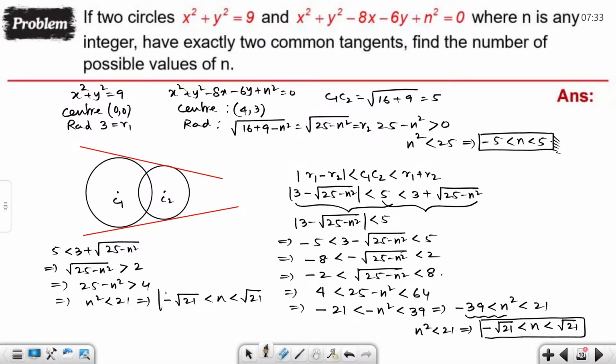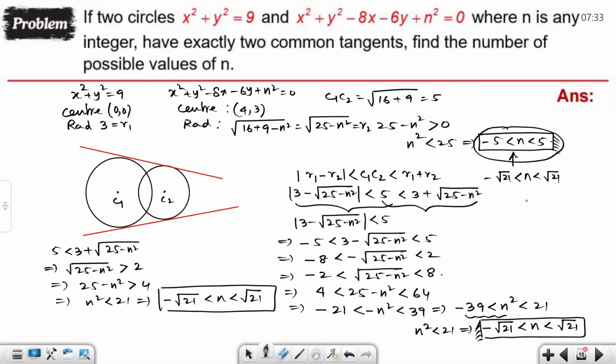Okay, so we are getting this answer from the second part and this answer from the first part, and both of them are the same. They are all falling in this region because root 21 is 4 point something, so it is very much falling within this range. So I don't have any problem in taking that n is lying between minus root 21 and root 21.